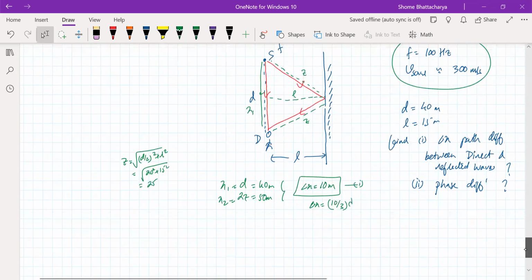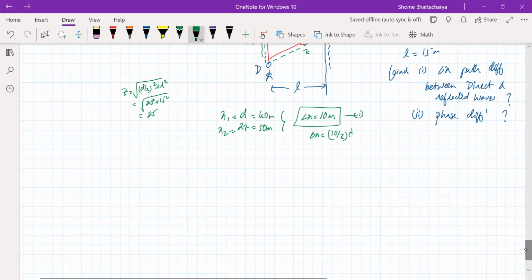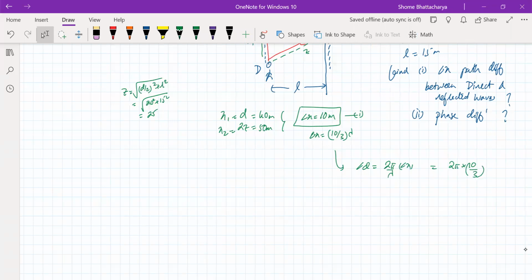So our phase difference, delta phi, because of this will be, we can split 10 like this.